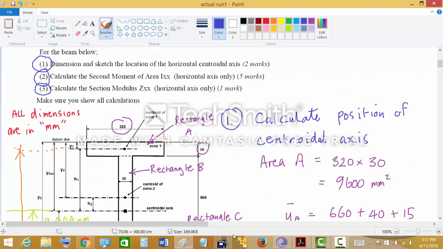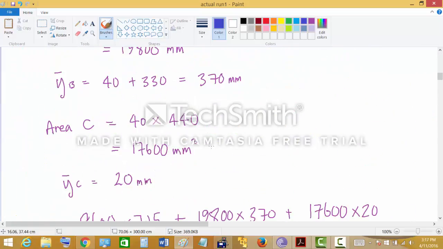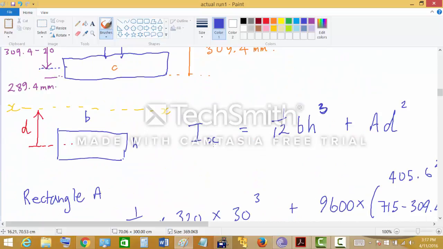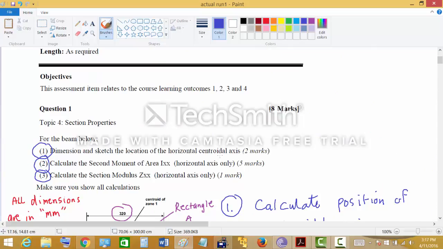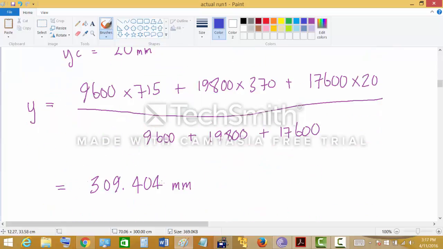Go through what I've done here to try to understand how to calculate firstly the centroid of a section, and second moment of area, and then the section modulus. Right, that's all.